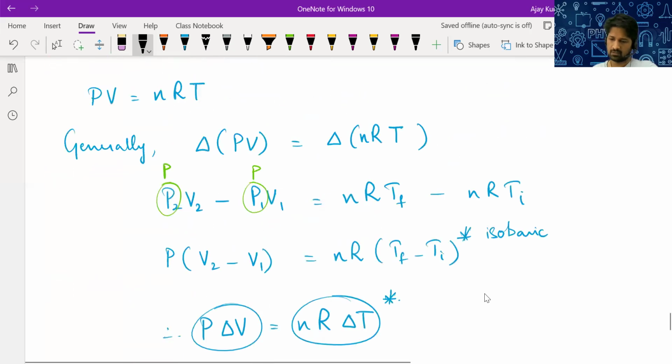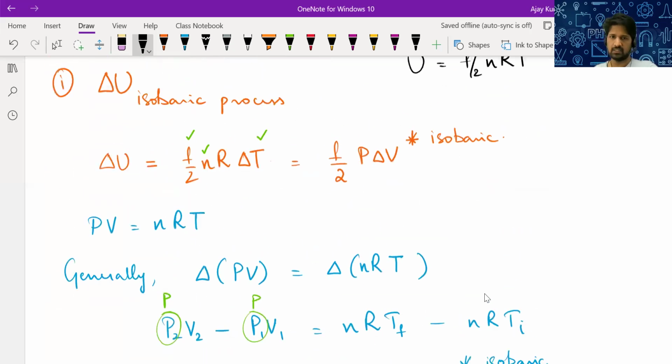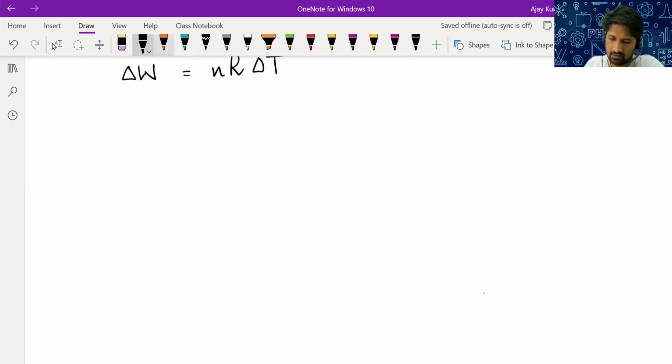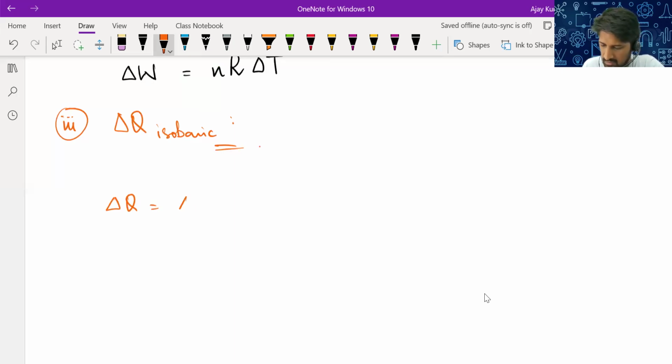Okay. Now we have a formula for delta U, change in internal energy. We have a formula for delta W. Then you can easily express delta Q in an isobaric process. How? Delta Q is delta U plus delta W. Generally, delta U is F by 2 nR delta T, right?